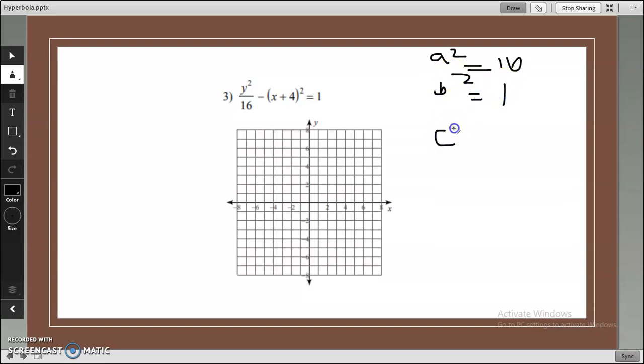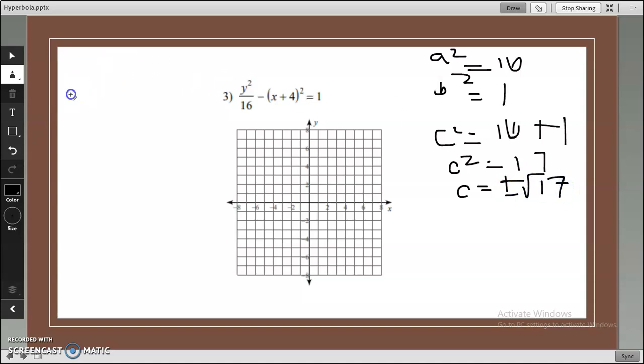So c squared equals 16 plus 1, so c squared is equal to 17. So c is equal to plus or minus the square root of 17. My center, so remember x comes first, so it's going to be negative 4, and then my y is at 0, so c for center.